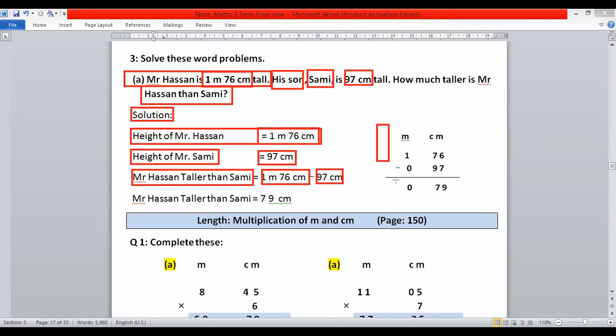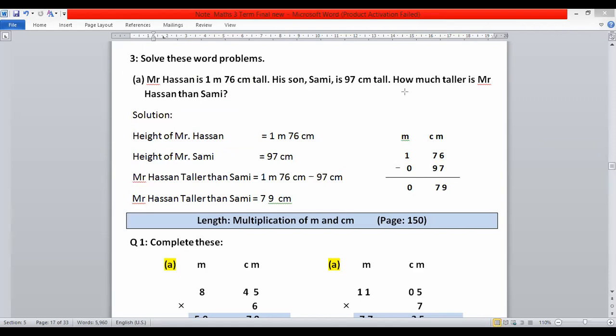So you have to write in vertical form first and then solve. First you write meter here and centimeters, and after that write here 1 meter and 76. And here the height of Sami is only given in centimeters. So here we will write 0 or nothing and write 97 below the centimeters.